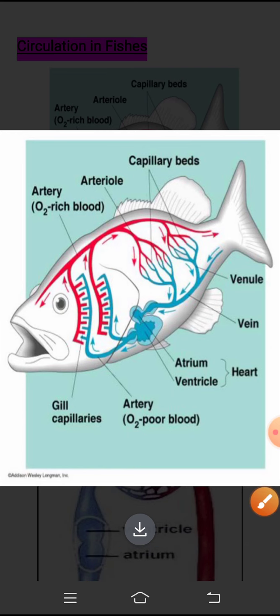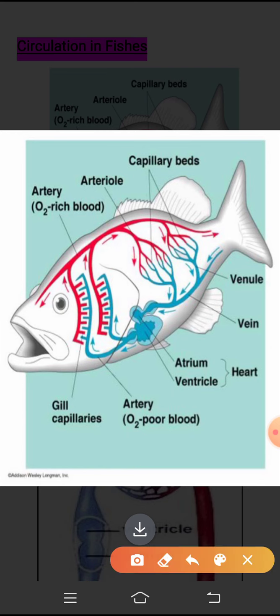The body contains cells, right? In the various parts of the body, the cells perform cellular respiration. What is cellular respiration? The cells receive oxygen and release the byproducts carbon dioxide, water and energy.